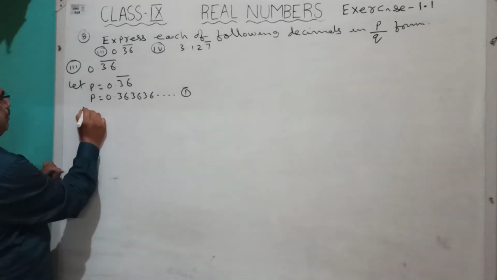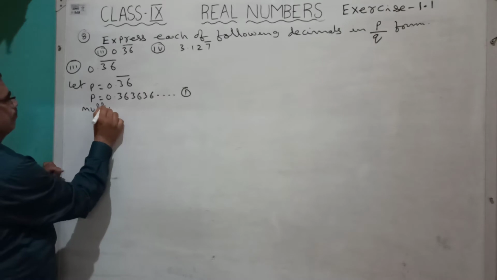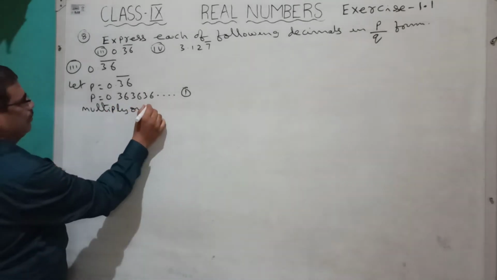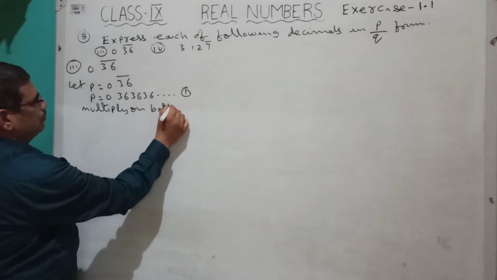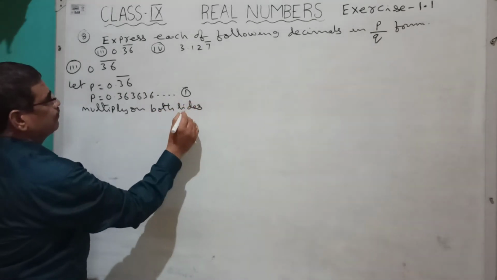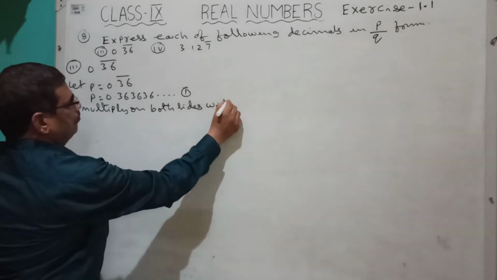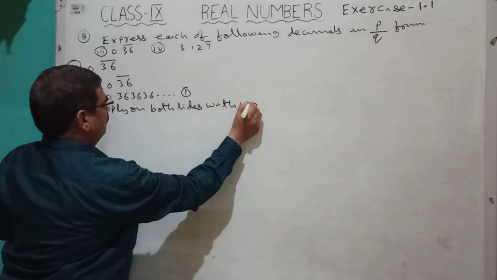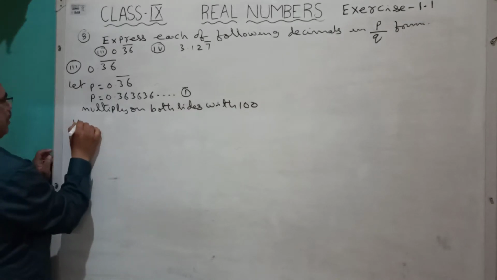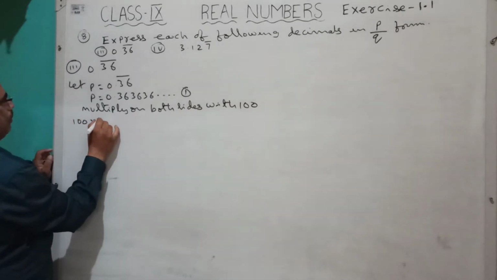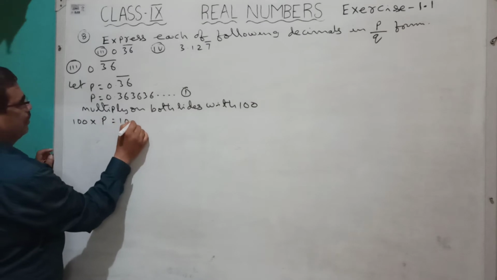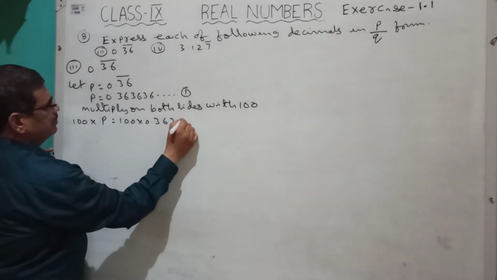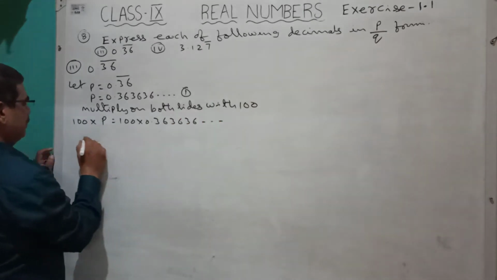So multiply on both sides with how much number? 2 numbers means 100. So 100 into P is equal to 100 into 0.363636, and so on.